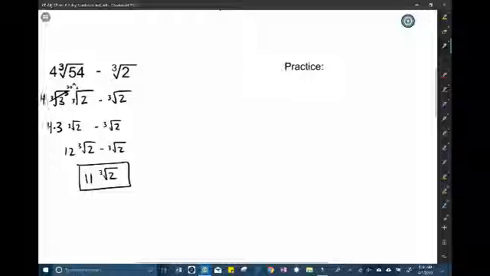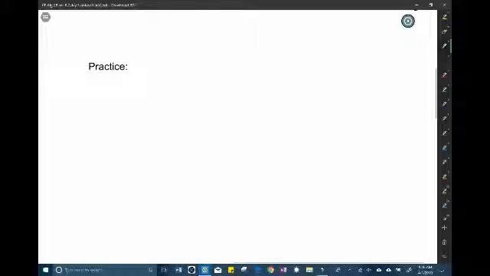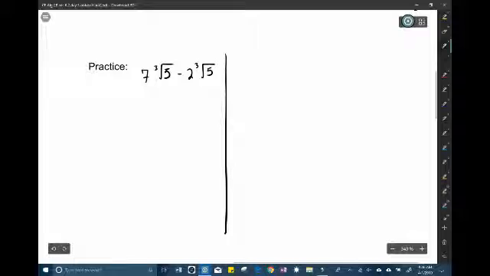Some practice problems. Let me write some practice problems for you. Feel free to pause and then come back after you write them down. Let's do 7 cubic roots of 5 minus 2 cubic roots of 5. That's one of them.